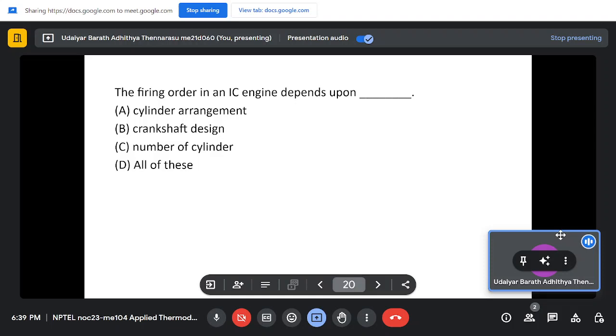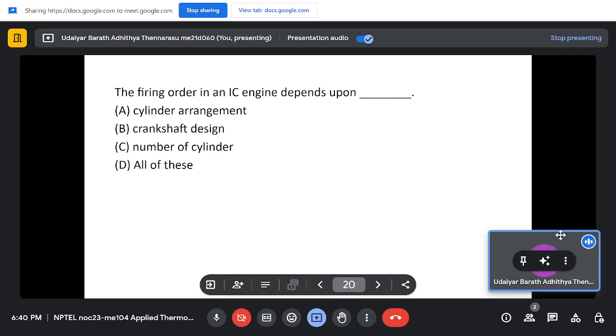Also, for smooth operation, the firing orders are placed such that the crankshaft is rotated uniformly, so that smooth power is generated. So cylinder arrangement matters in firing order, and the crankshaft design also depends on the firing order.